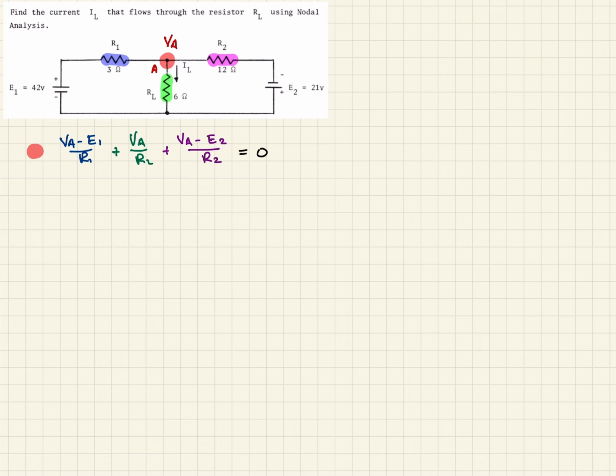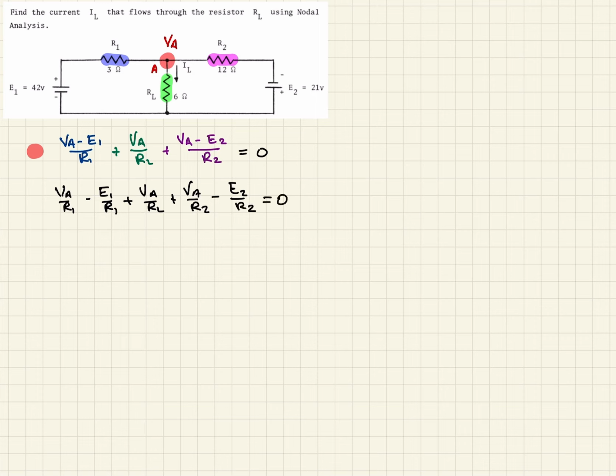And so if we rewrite this, we could say we have VA over R1 minus E1 over R1 plus VA over RL plus VA over R2 minus E2 over R2.